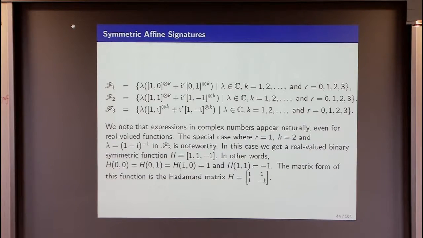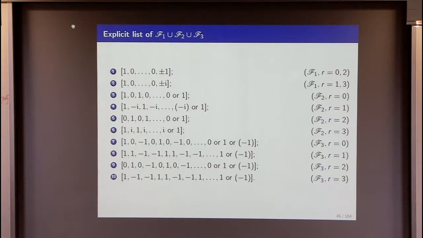So I'm going to make no apologies henceforth that things could possibly be complex numbers. So if you expand them out, as you see, for example, this binary function, if you truncate off 1, 1, 1, -1, is this Hadamard function, whose graph homomorphism status was open for quite some time.